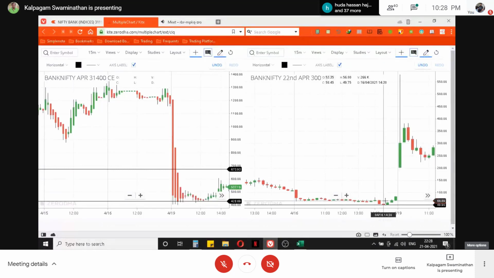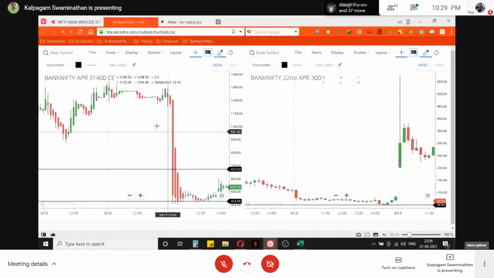I'm just pointing out at 2:30 you did get a valid trade. At 2:45, 56 rupees to 68 rupees, you would have closed your trade. 12 rupees was the profit. Maybe it would have wiped out some of the loss on the CE trade, but that's fine.